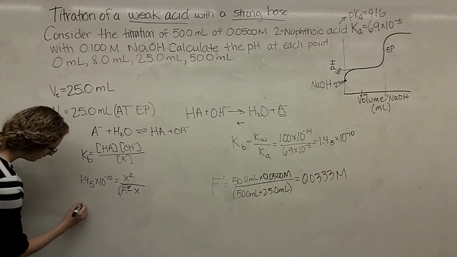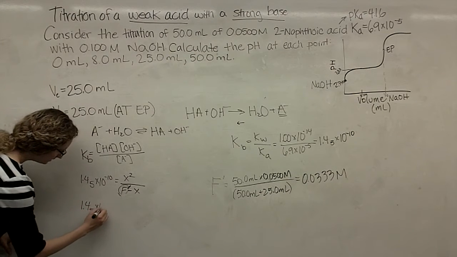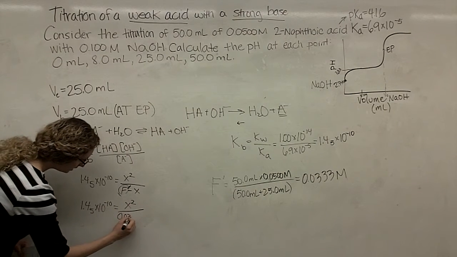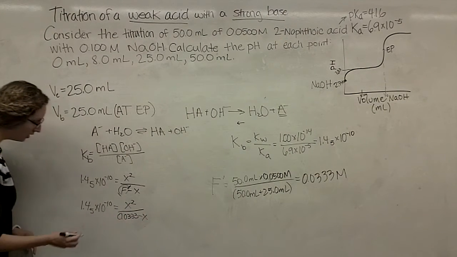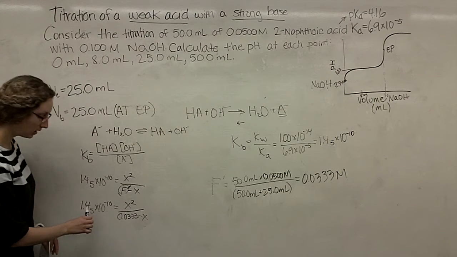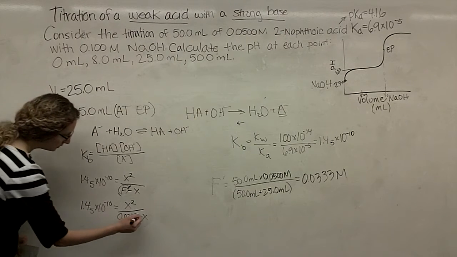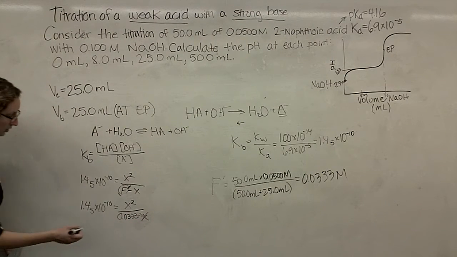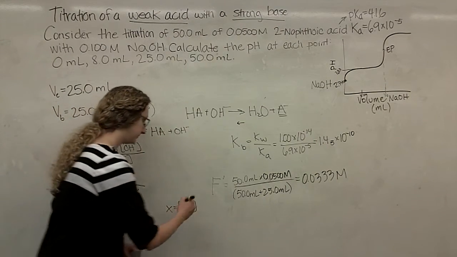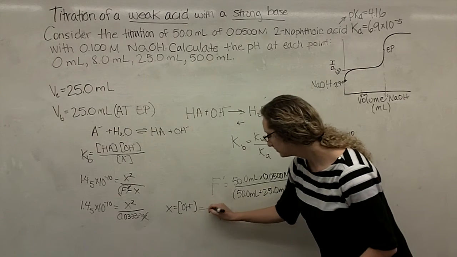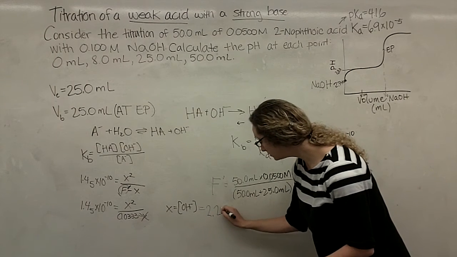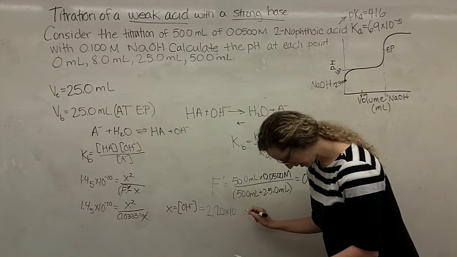So in this case, we'll have 1.45 times 10 to the minus 10 equals x squared over 0.0333 minus x. This concentration is over 1,000 times greater than your K sub B, so this x can be neglected. And what you'll find is that your x, which equals your OH minus concentration, is going to equal 2.20 times 10 to the minus 6.